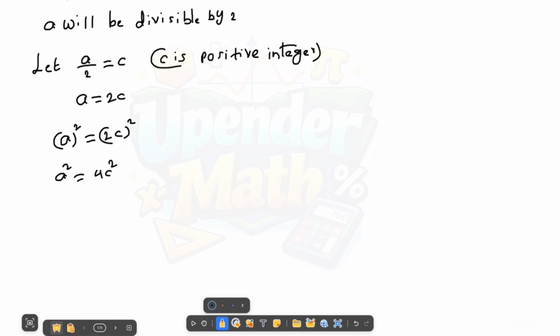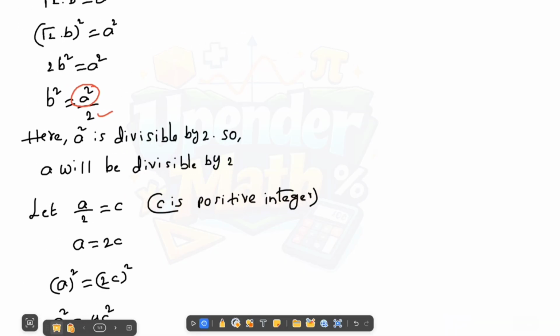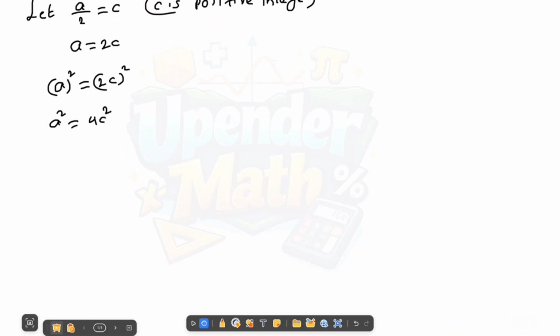Now we know that a square is equal to 2b square, right? So in place of a square, write 2b square. So 2b square is equal to 4c square.